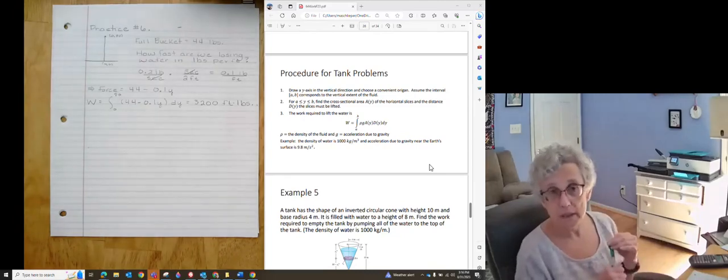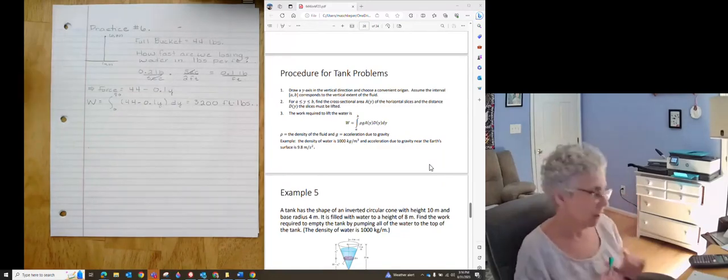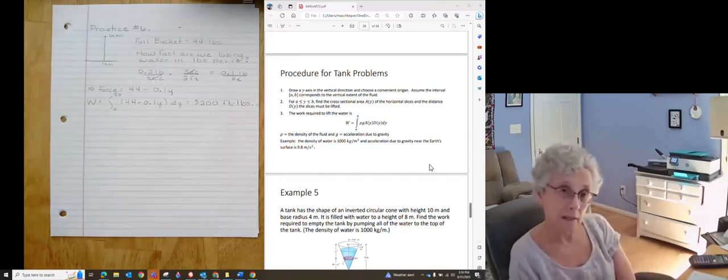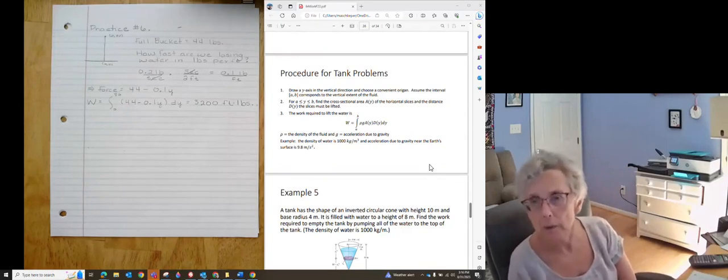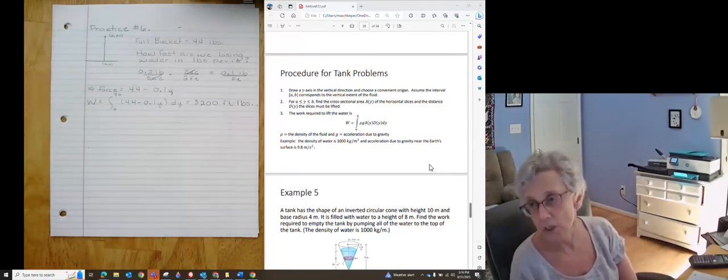Here is your procedure, and it's one of the reasons I draw some of my graphs at the origin and integrate with respect to y, because that's what we're going to do with these tank problems. So you draw the y-axis in the vertical direction and choose a convenient origin.